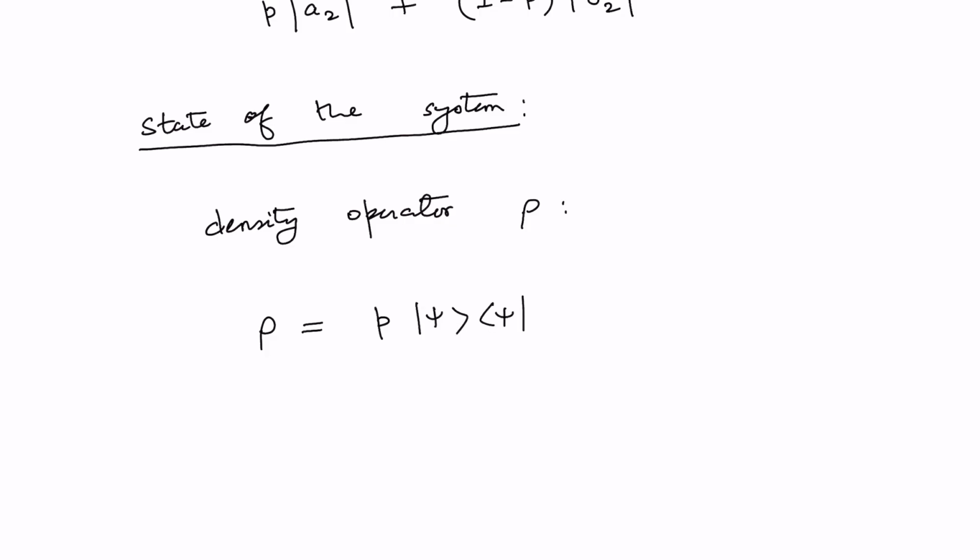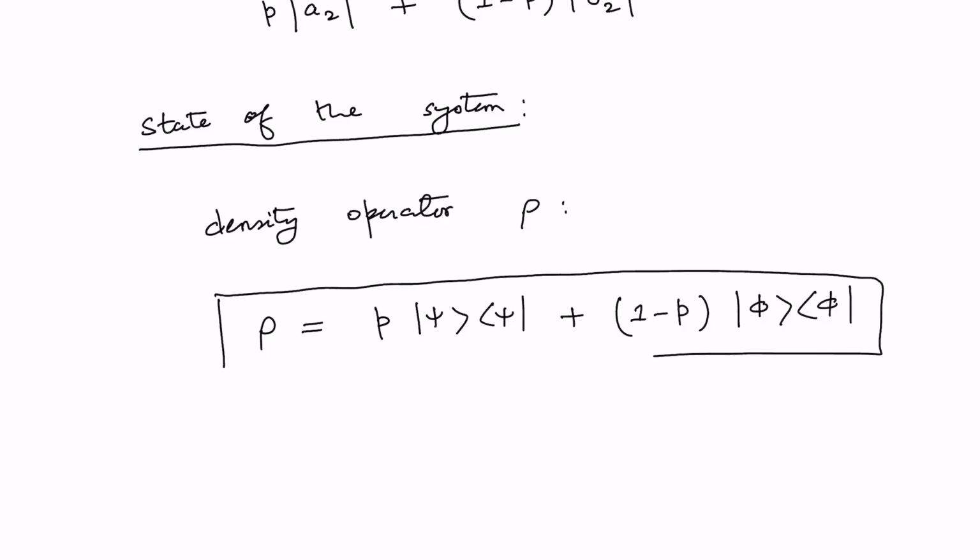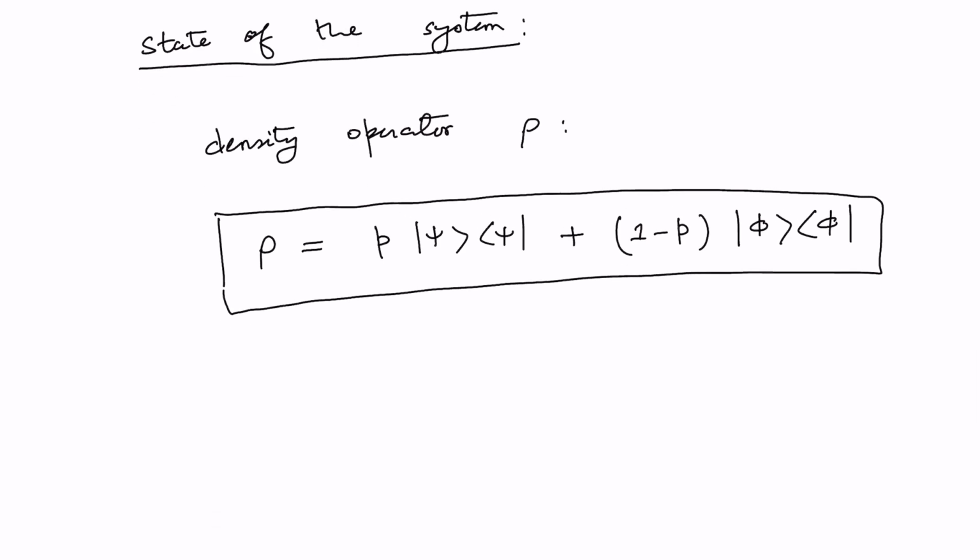As you have seen, p is the classical probability of picking up |ψ⟩, and 1 minus p is the probability of picking up the state |φ⟩. So this is the so-called density operator, and this is basically a general way to represent the state of the system that we have considered here.